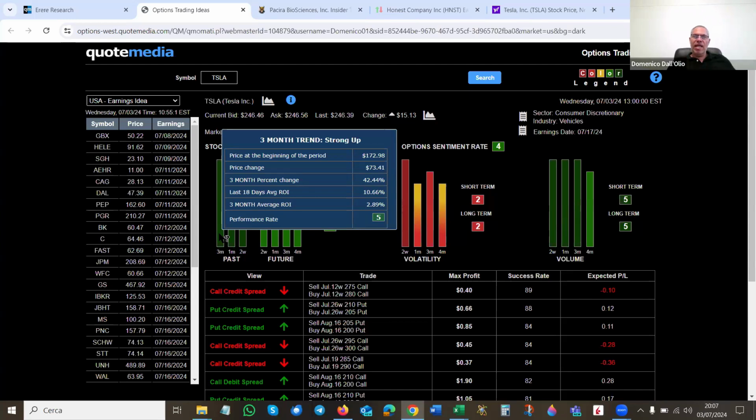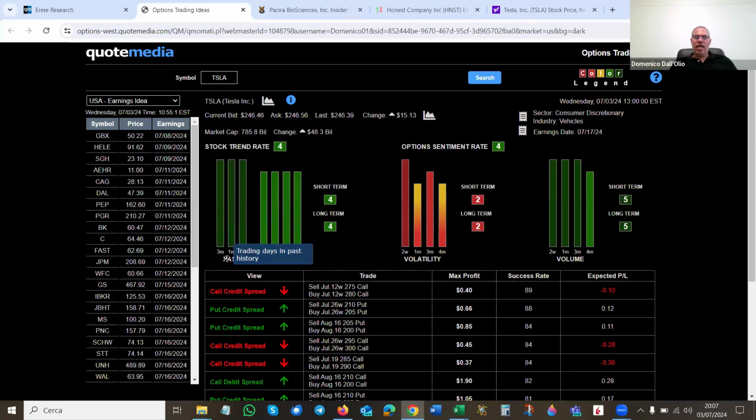It's again a sophisticated algorithm that tries to describe the behavior of the stock over the time window selected, 3 months, 1 month, 2 weeks, taking into account the path followed by the price and not only the first and the last point. So it's an algorithm that tries to give a better analysis of the past trend.